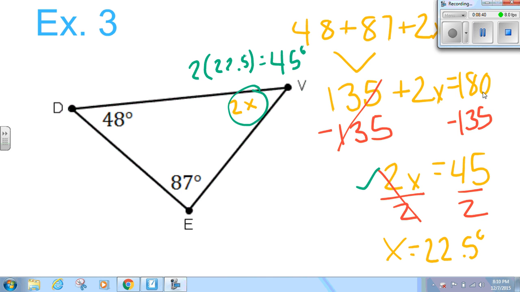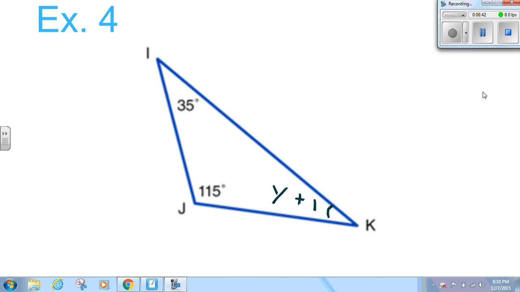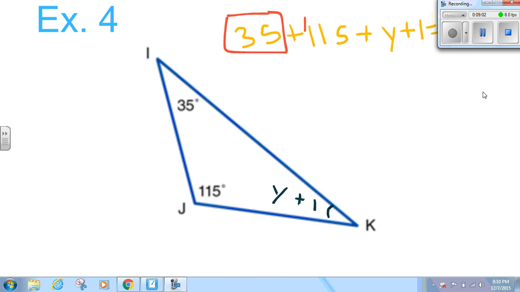In this problem, again, we're given two angles, and we're trying to find the missing angle, which is y plus 1. So if I set up my equation, 35 plus 115 plus y plus 1 equals 180. Now in this case, I have three like terms that I can put together. I can put the 35, 115, and 1 together, which equals 151.